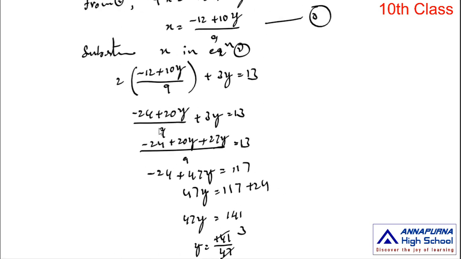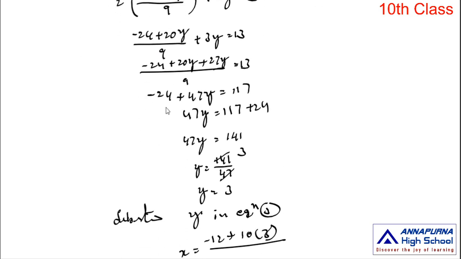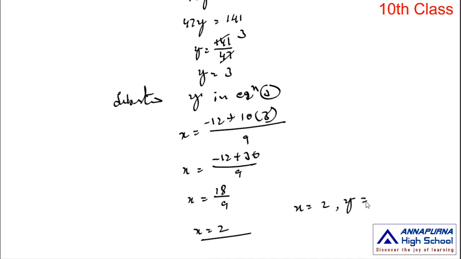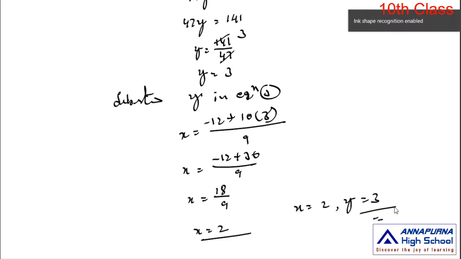So x is equal to minus 12 plus 30 by 9, x is equal to 18 by 9, so x is equal to 2. So x is equal to 2 and y is equal to 3 is the solution of this pair of linear equations. Let's stop here. Remaining sums will continue in the next video. Thank you for watching. Bye.